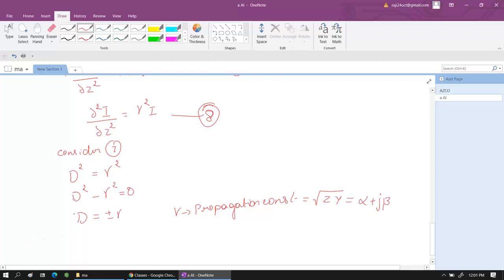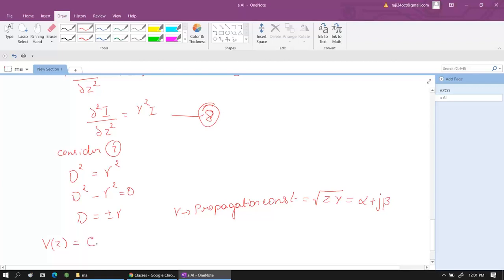So now I have to write it in my solution. I was solving for V, or I can say it was for V of z. So V of z is equal to, what is it? Normally how will you write the solution?